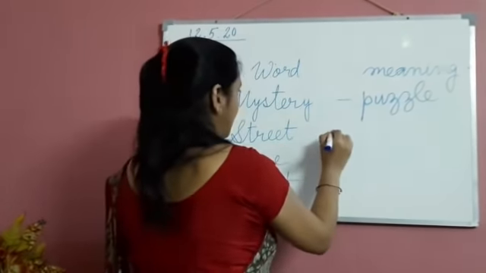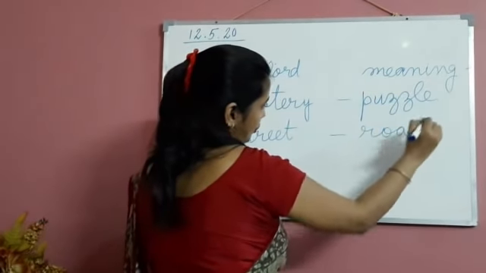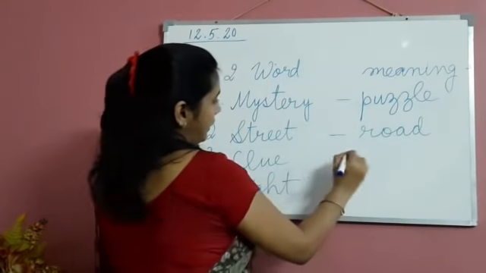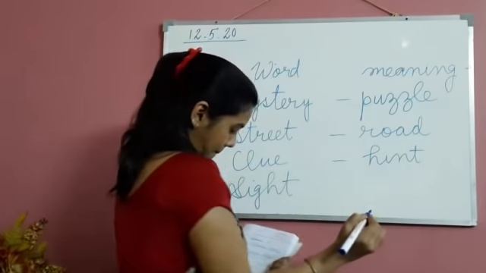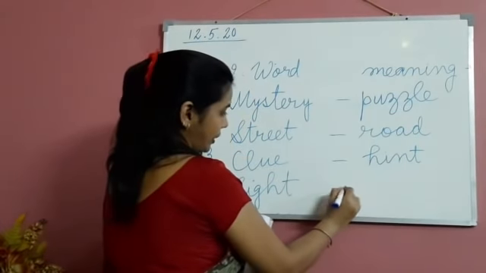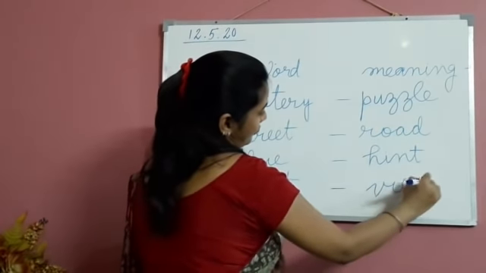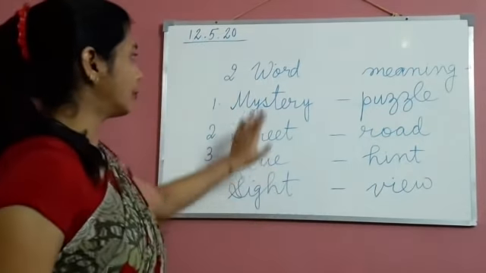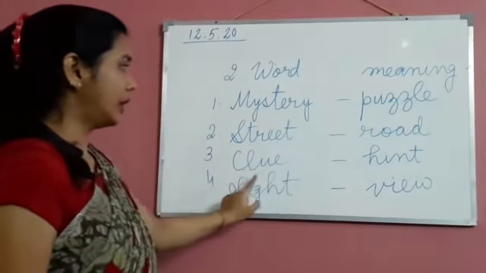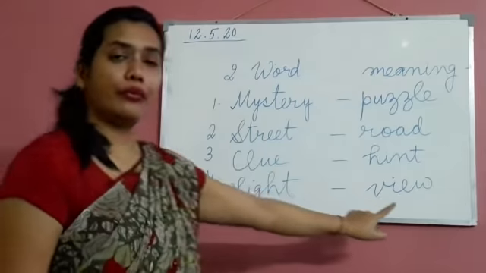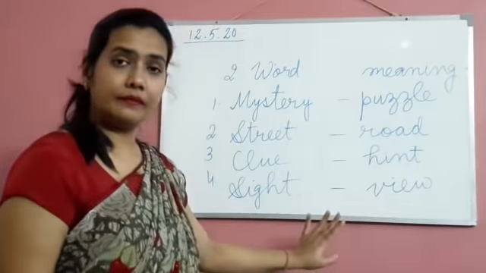Puzzle. Street, road. Clue, hint. And number 4 is sight, that is view. Okay, students, word meaning: mystery, puzzle, street, road, clue, hint, sight, view. Okay, I think this is clear for you all.